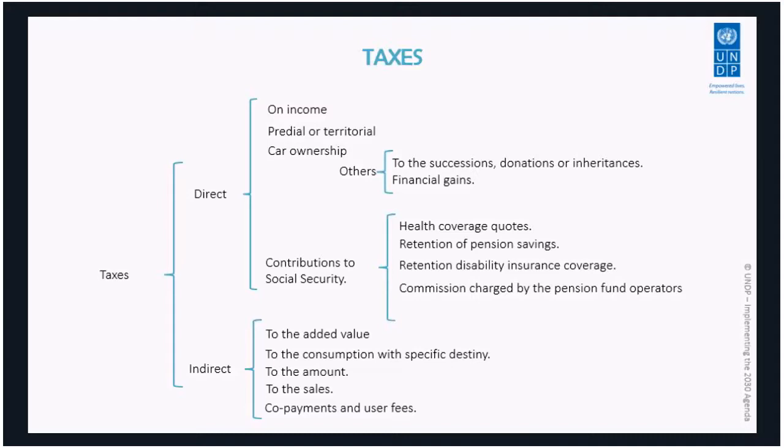If we have consumption, we can model how much they pay for the services and goods they consume. For instance, we can model the value added tax, which is part of the indirect tax system.